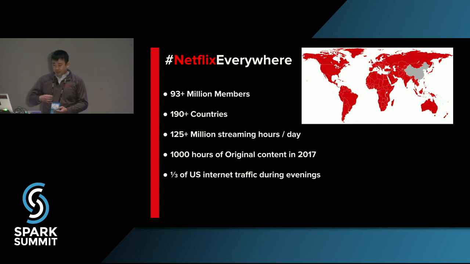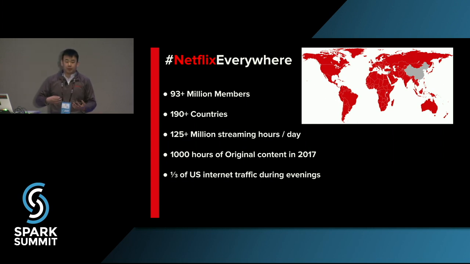The challenge is that when we go global, we have more traffic, more users, and each user has different preferences. They have different languages, they are in different countries, and people tend to watch something local, or something personalized to their particular countries.